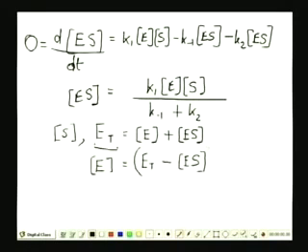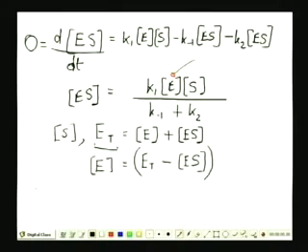Where do I have this quantity in my expression? Here. So, this is where we are going to now substitute this. So, do that.